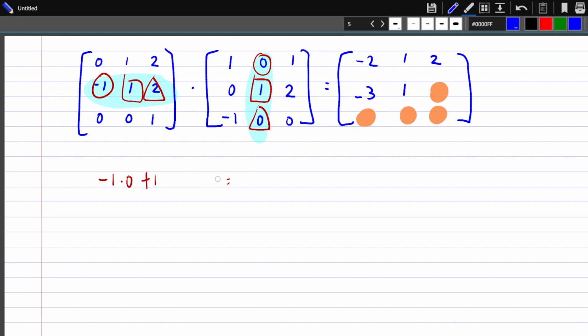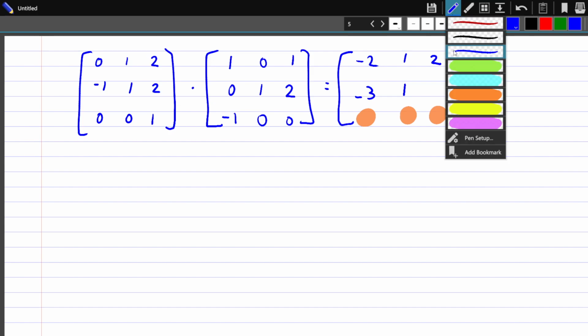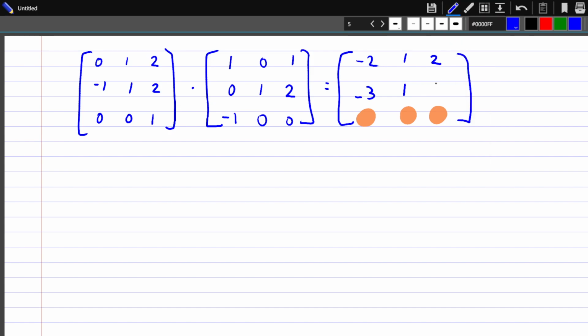Let's continue. This one. Think, where is its position? Second row, third column, which means second row, third column.